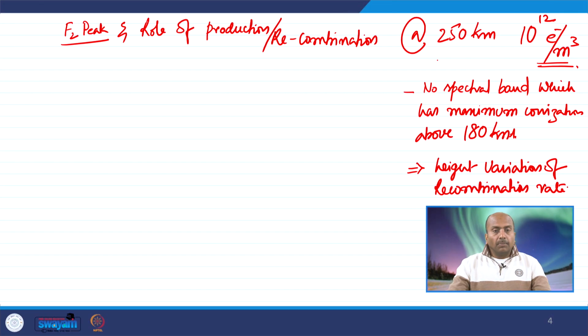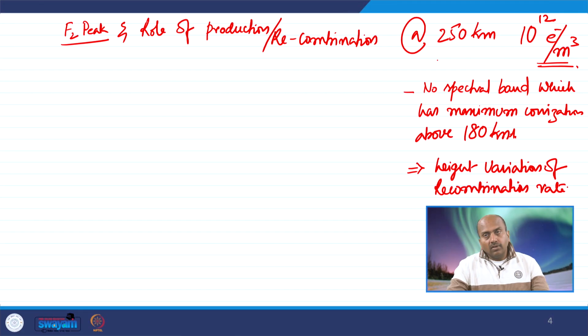And the primary reason why the F2 region persists during the night time is that the processes which are trying to remove the electron density from the F2 region have a typical time constant which exceeds the duration of the night itself. So, even when the night is complete, the recombination is not yet complete, which means electron density is not completely removed, right?